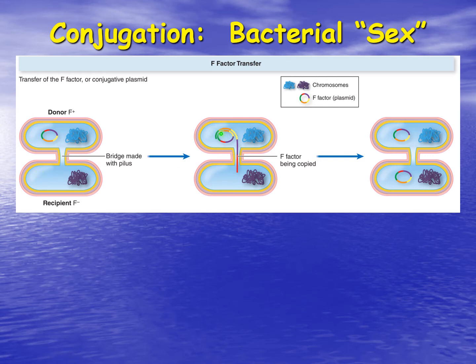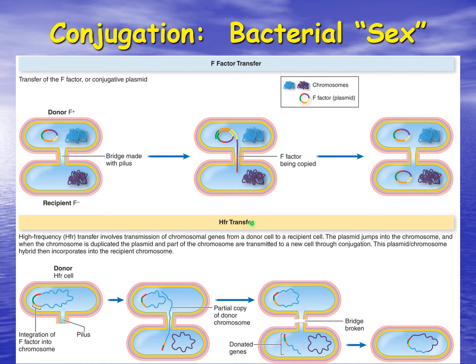The F plasmid will simply be copied in the donor cell and go across the pilus into the recipient cell, and the recipient cell then goes from F minus to an F plus cell. The mating bridge then will be separated, and these two cells will go on their way. Now this once F minus cell can grow its own pilus and do the same thing with another cell.